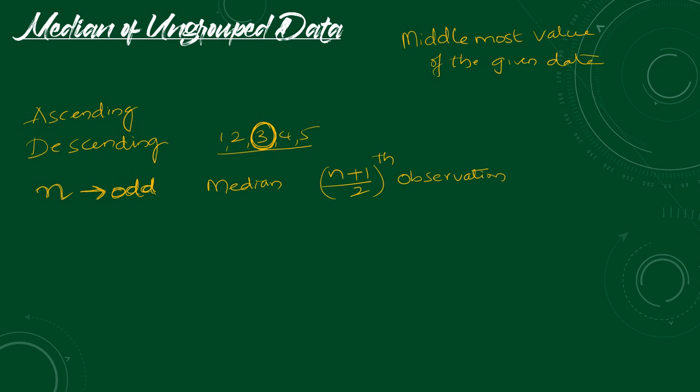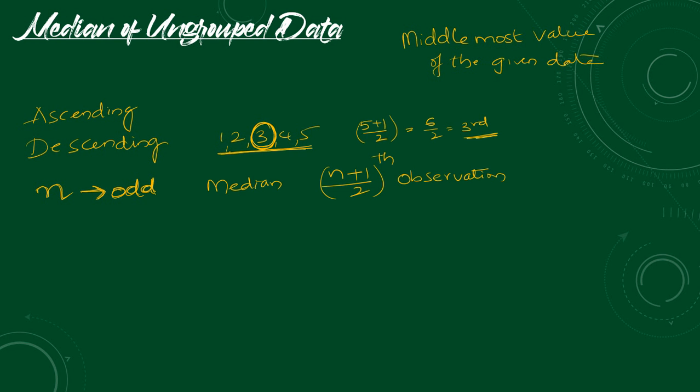From this example, what is the value of n here? n is 5, so 5 plus 1 by 2 is 6 by 2, which is the third observation. So clearly the third observation is my median.